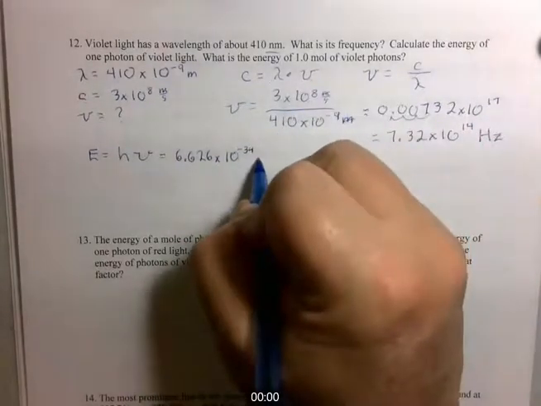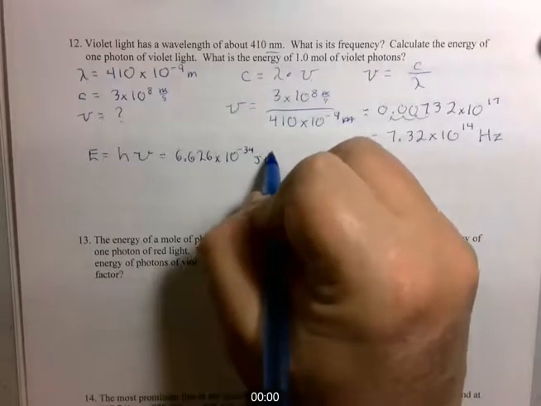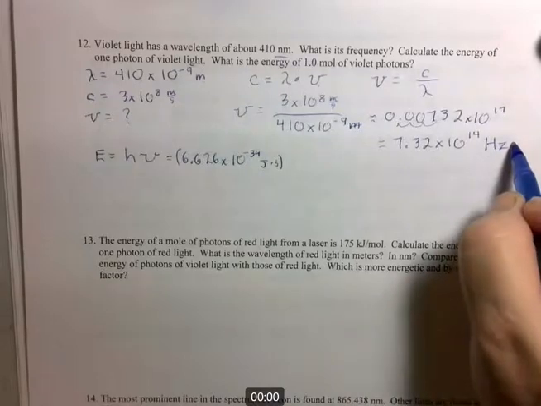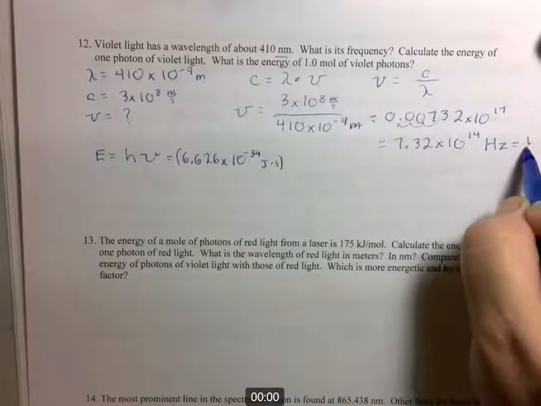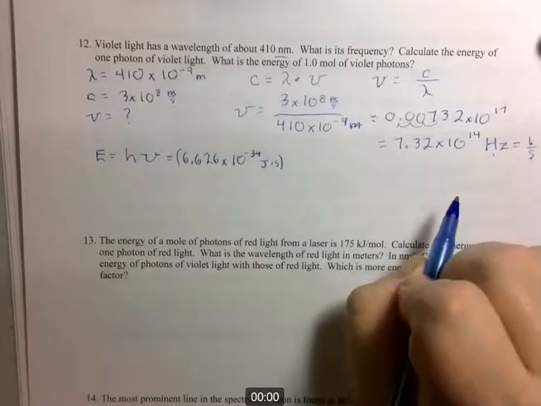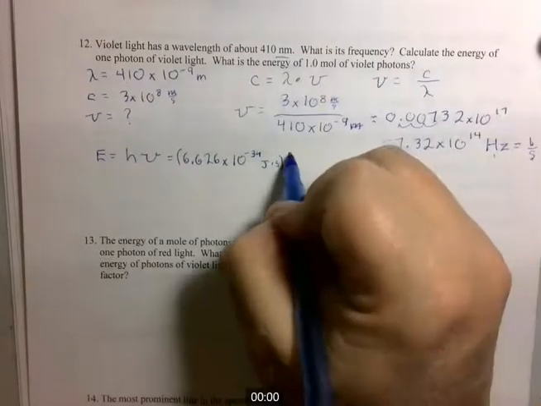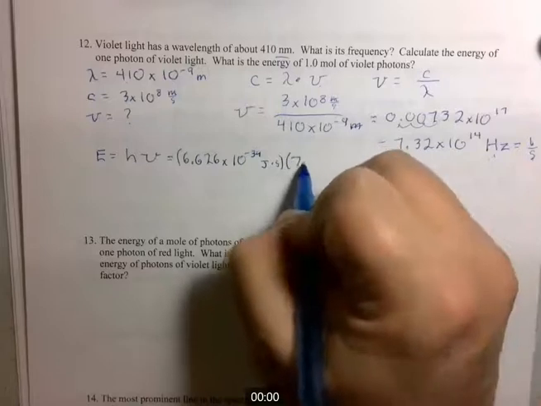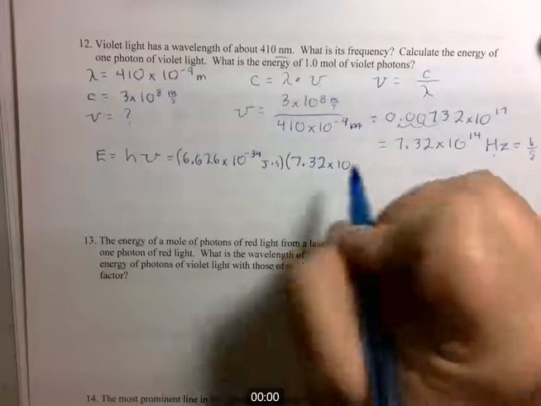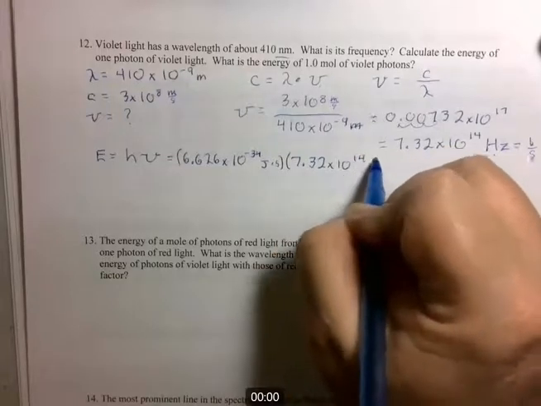And that's joules seconds, joules times seconds. And then the frequency is this. Let's convert that to 1 over seconds. Remember, we can call the unit of measure for frequency 1 over seconds. So that's going to be 10 to the 14th, 1 over seconds.